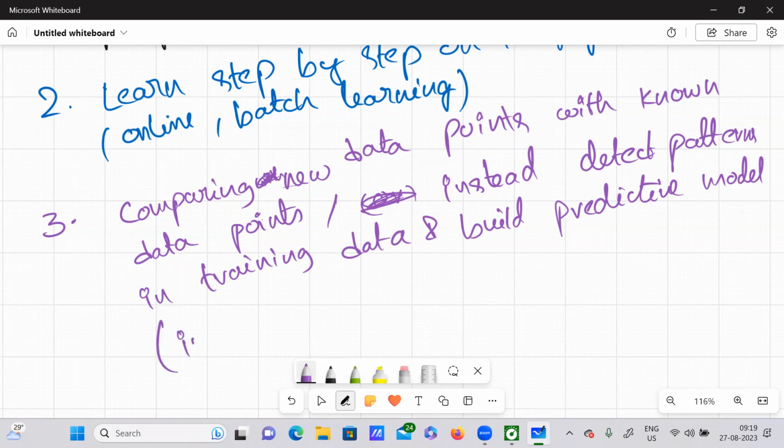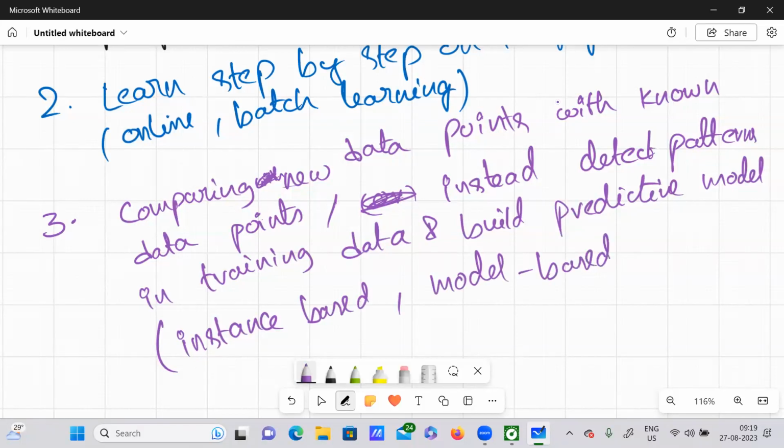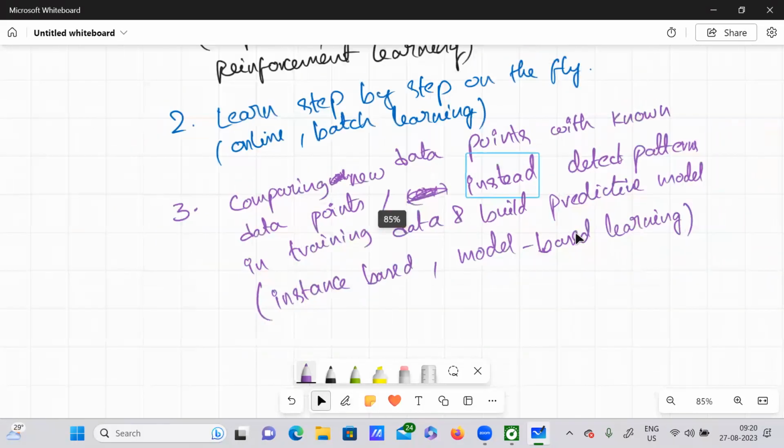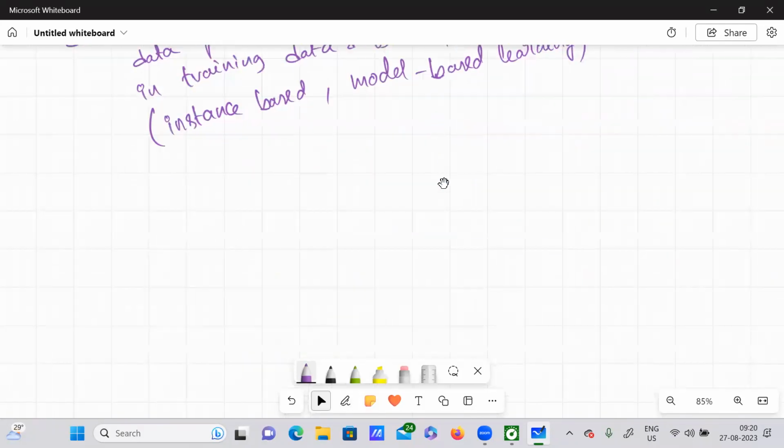That is, here we have instance based learning, model based learning. So these are the two types that have been classified under this particular category, that is comparing new data points with known data points. Okay.